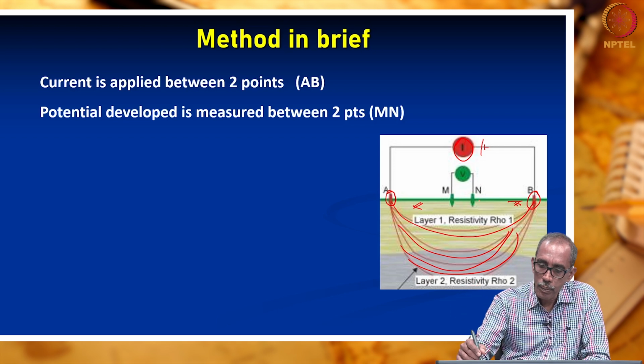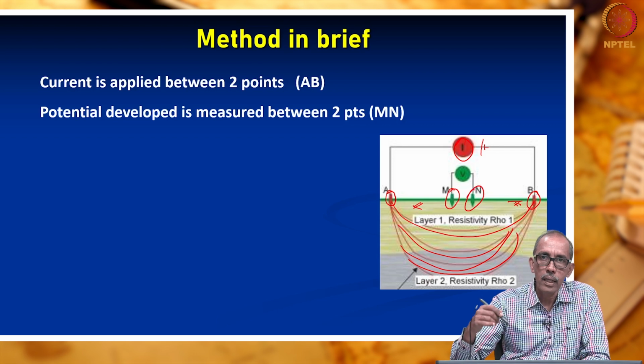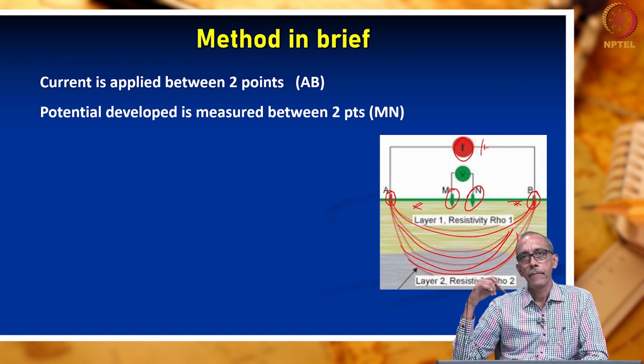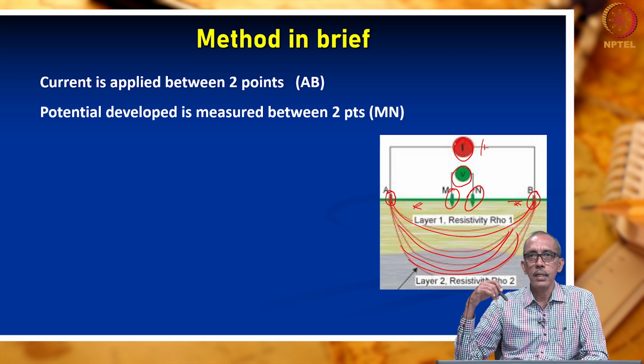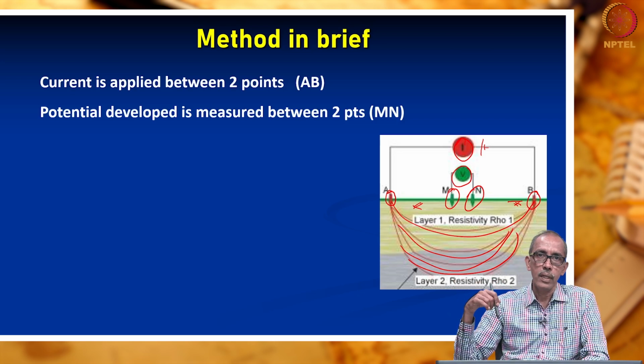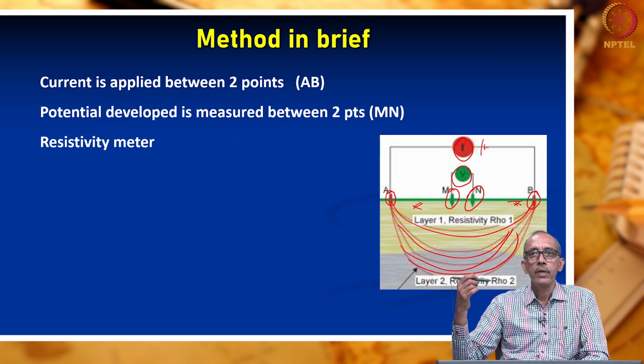The developed potential is measured between these 2 points M and N using a voltmeter. Here we have a current meter to measure the current that we apply into the earth, and here we have a voltmeter to measure the potential. Now we have both V and I.